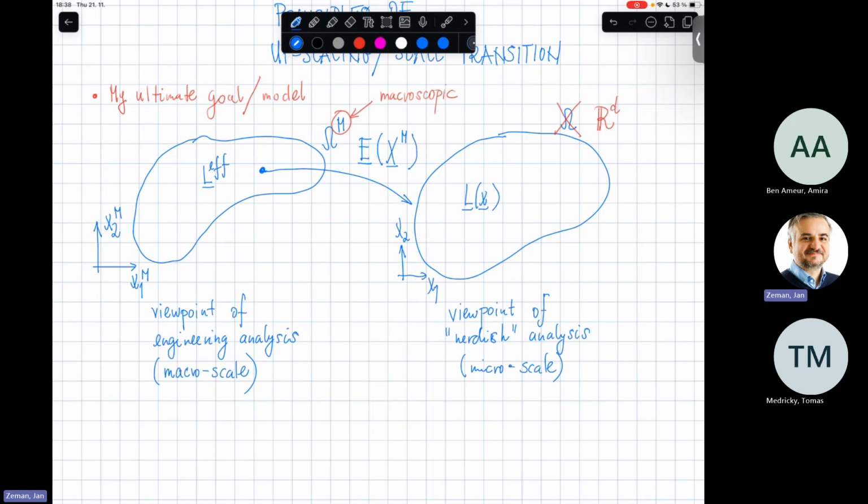So this E is just representing some gradient type quantity, strain, for instance, or intensity field, but living only on the macro scale of the engineering analysis.